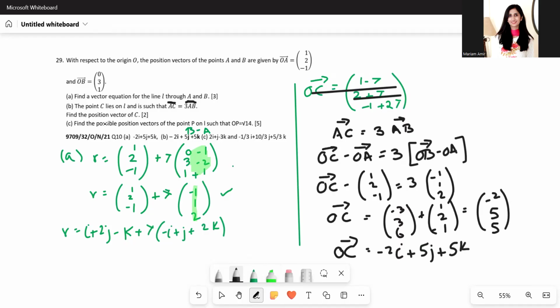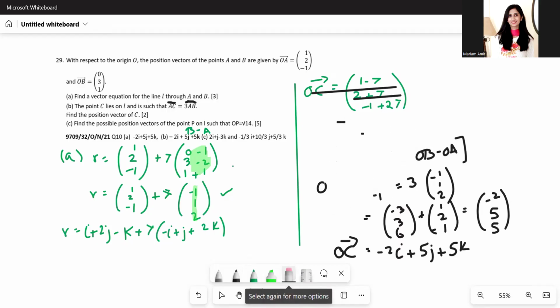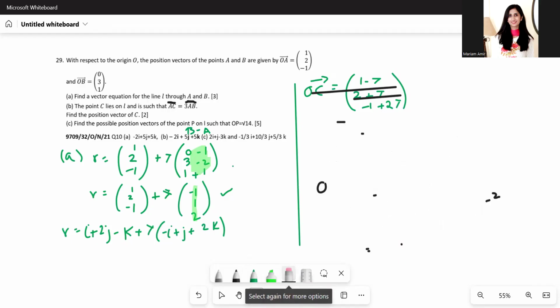Okay. Part C, find the possible position vectors of the point P on L such that the magnitude of OP is equal to square root of 14. All right, now that OP lies on the same vector line, we're going to write OP equals this.